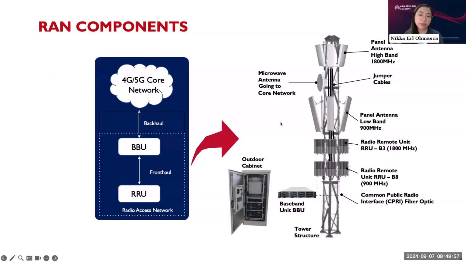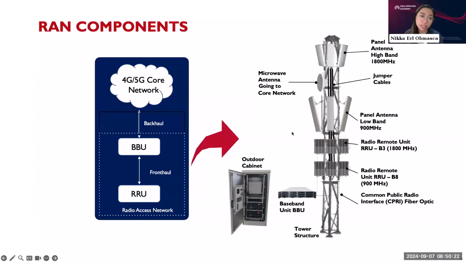Lastly, meron tayong tinatawag natin na transmission component ng isang RAN system natin. But in our example we have is the microwave antenna. So, itong transmission component natin includes equipment to transmit the digital signals from the BBU to our core network.